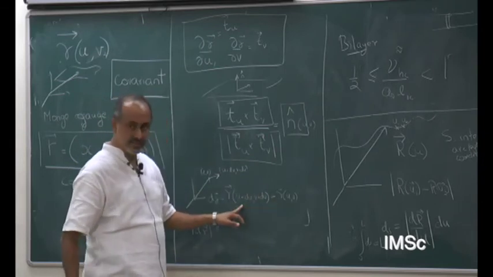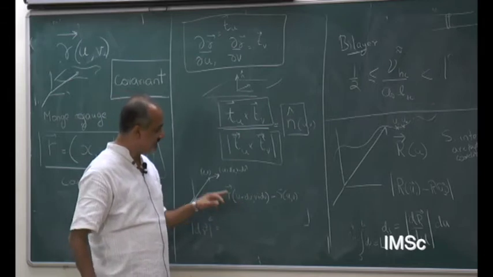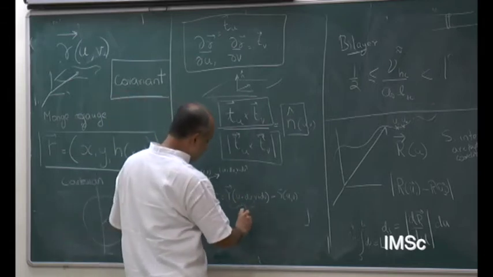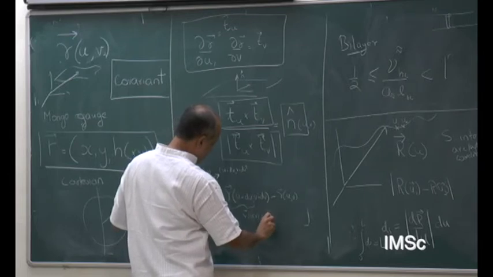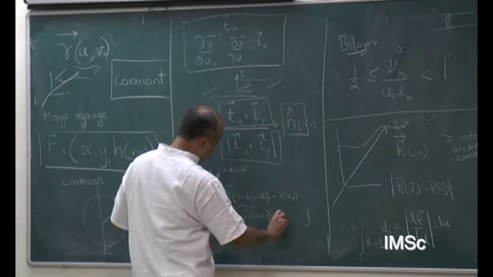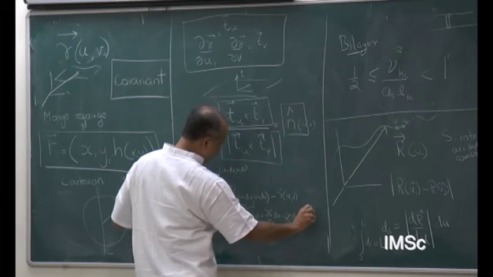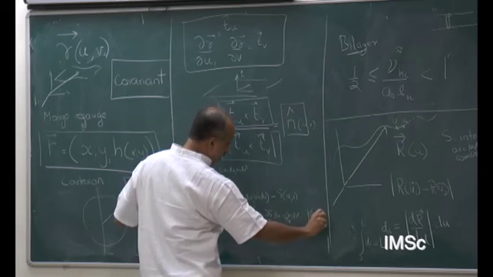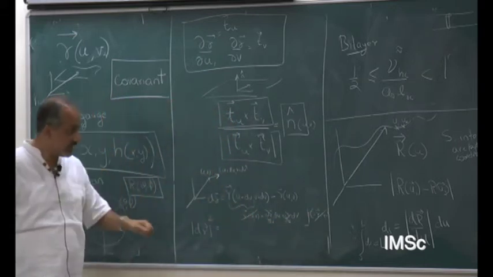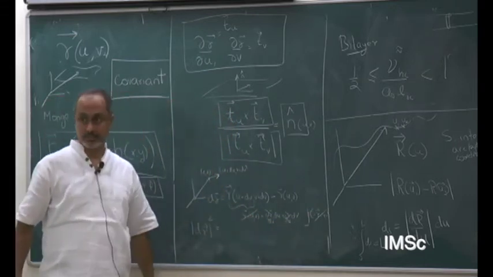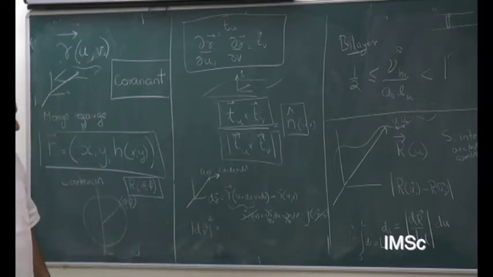First of all, I can do a Taylor expansion. This particular term is r of u comma v plus delta r by delta u du plus delta r by delta v dv and so on, and then minus r of u comma v, and this goes away. So the only term that I have left is this particular term.